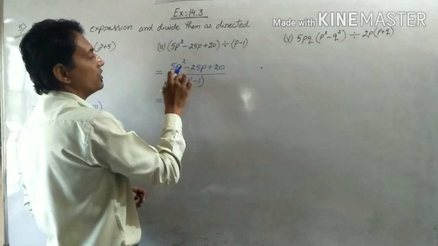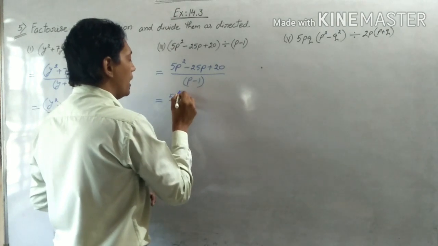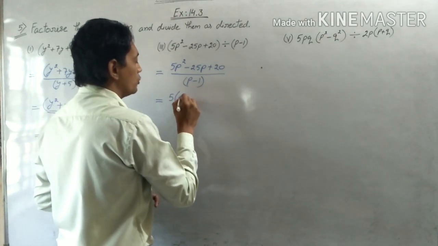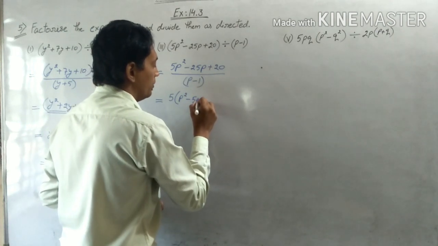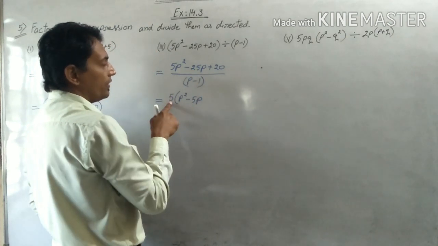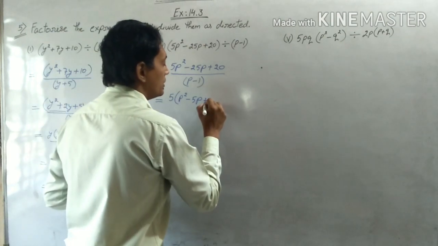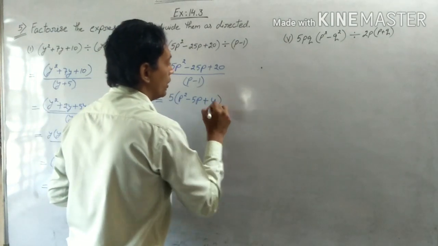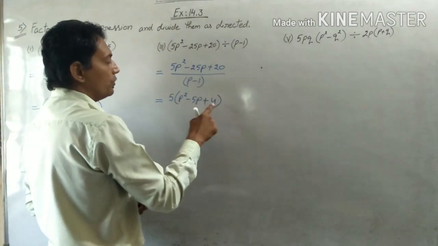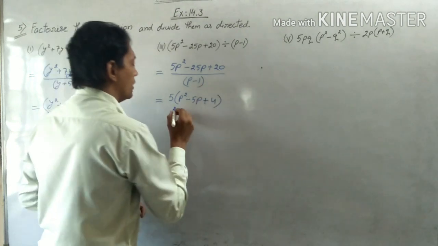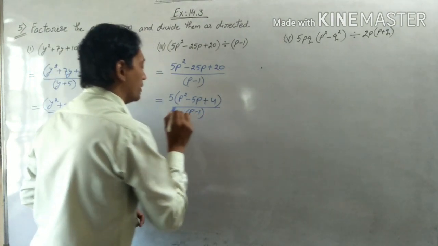As we can see, 5 is common in all the three terms, so we will take 5 as common and the rest of the thing inside. So p square minus 5p, because from 25, 5 has been taken common, so the rest of the thing is 5p. Plus, here you will get 4, because from 20 you are taking 5 common, so you have 4 here. 5 into 4 you will get back 20. Whole thing divided by p minus 1.